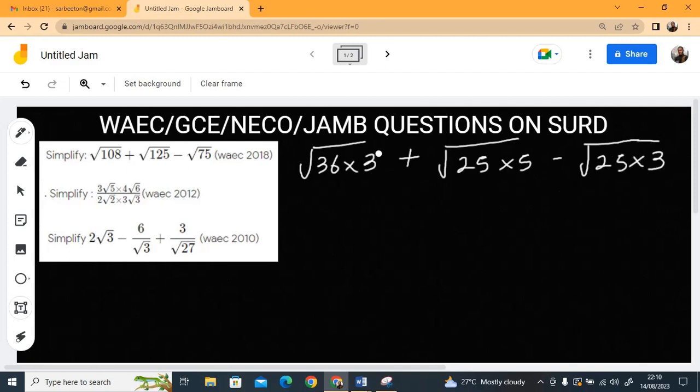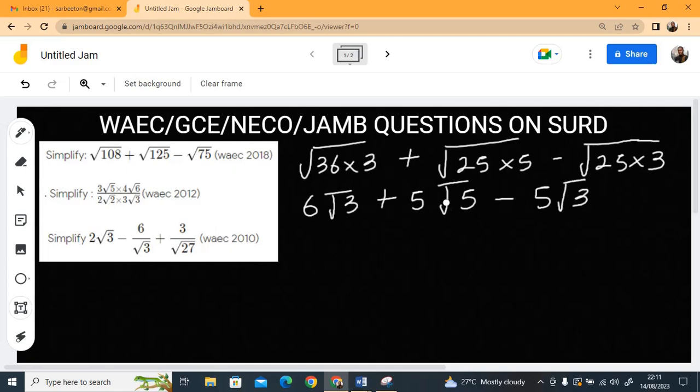When you simplify this, as we did earlier, the square root of 36 is 6, with root 3, plus the square root of 25, which is 5, with root 5, minus the square root of 25, which is 5, with root 3.